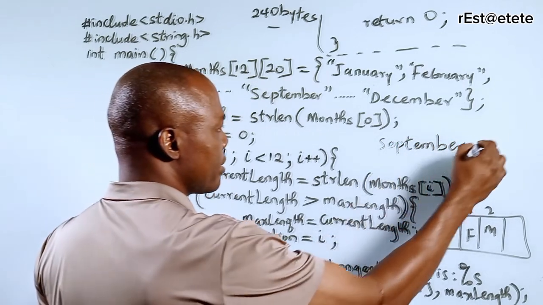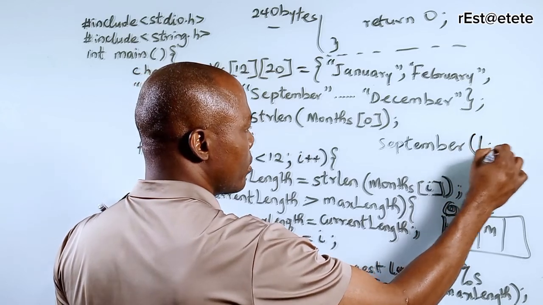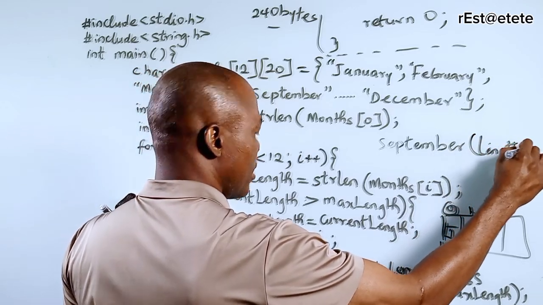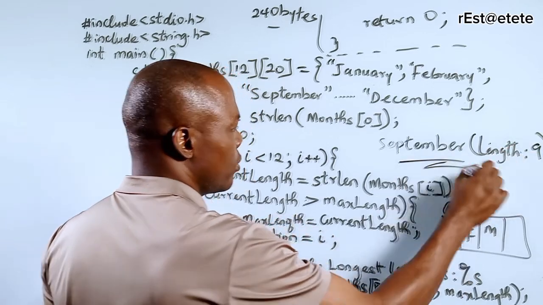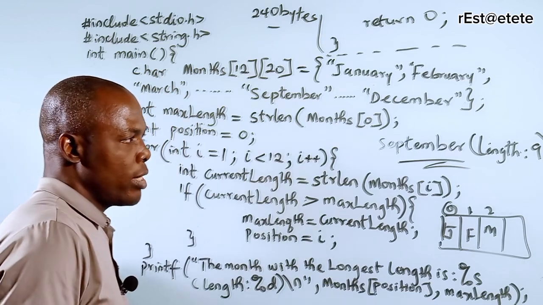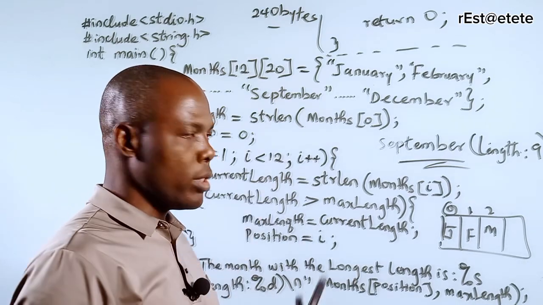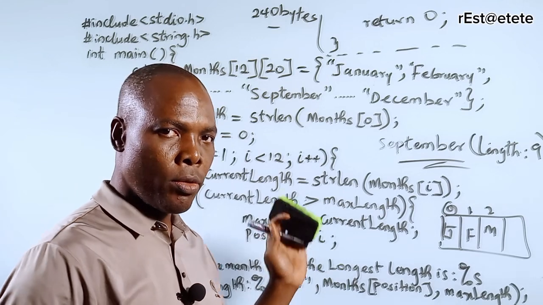Then length. So length is what? 9. So this is what is to print out on the screen. So let's go to Code::Blocks. Let me demonstrate this use case scenario for you to see.